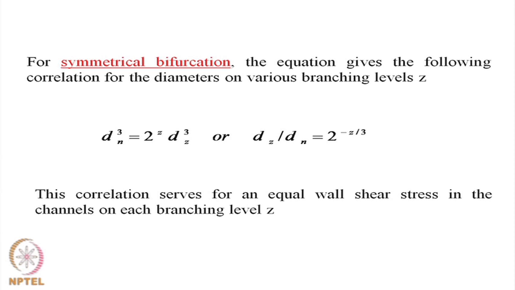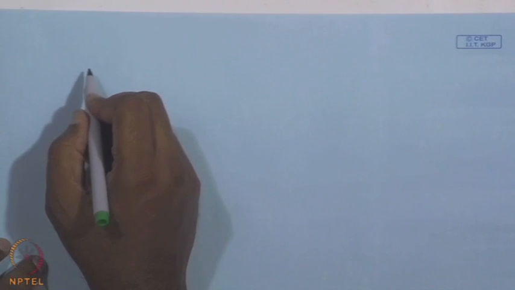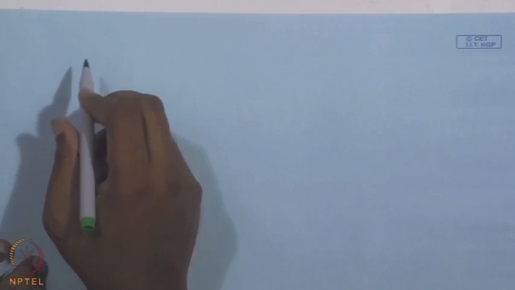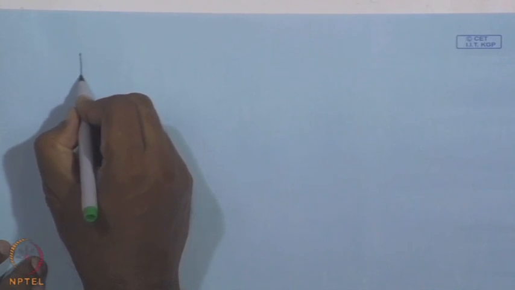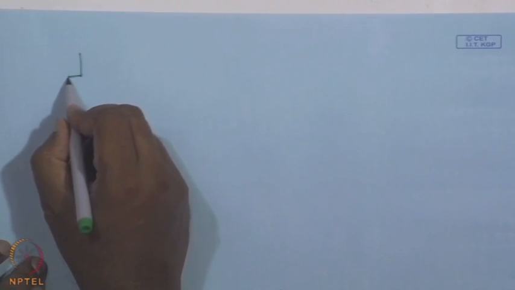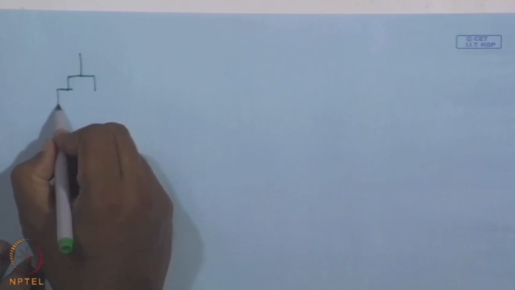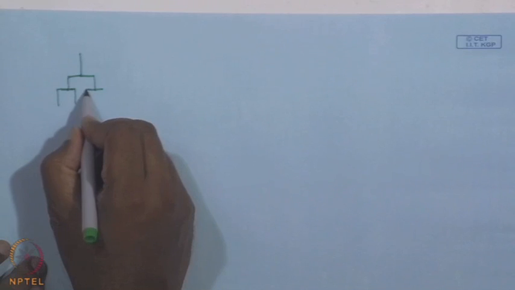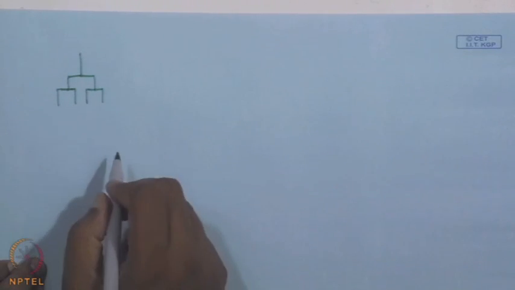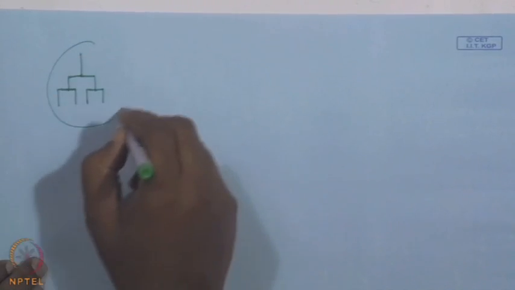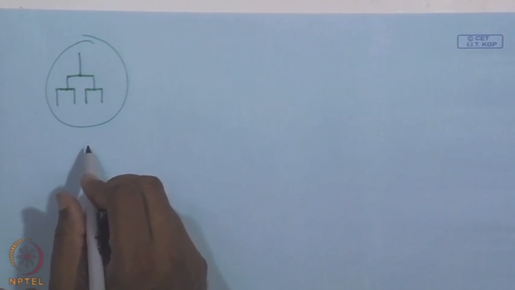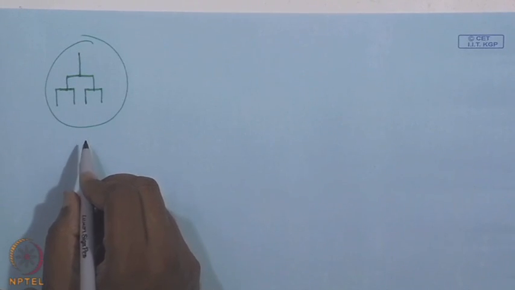Some of the examples of Murray's law are amazing, and I will try to draw this two level heat exchanger network from branched channels. You start with one channel, you create two channels, then these two channels will create another two, and this is going to create one more channel. So, this is going to be a unit. This is the setup of a two level heat exchanger network from branched channels.